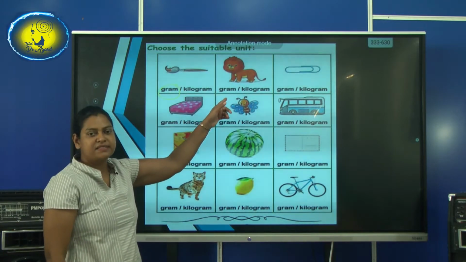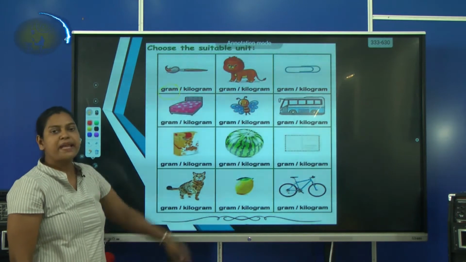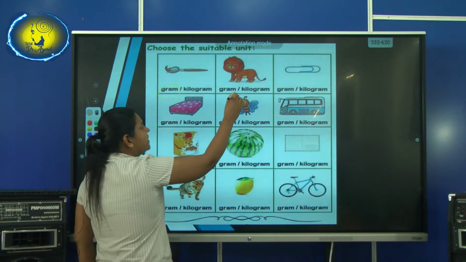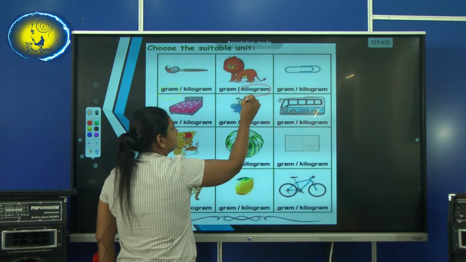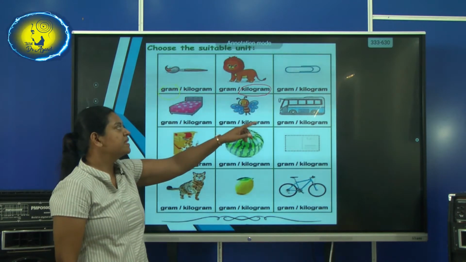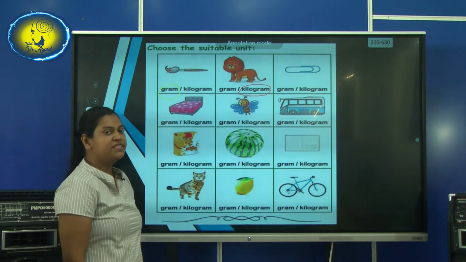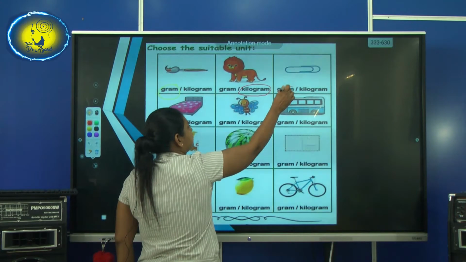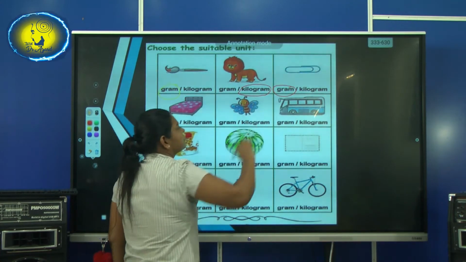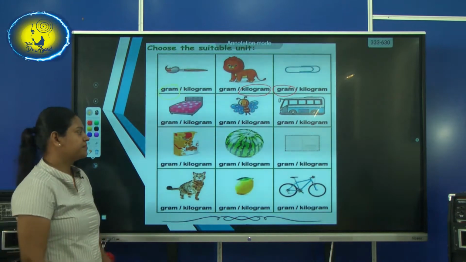This is a lion. It has a heavy weight, so you can measure it in kilograms. This is a paper clip. It has a light weight, so you can measure it in grams. You can try this alone.